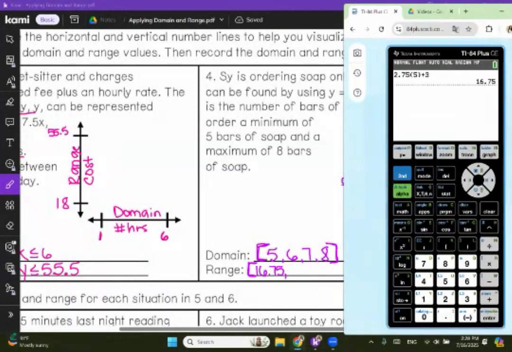Let's say he decides he wants to order 6. I'm going to copy paste, save some time here. Then he can order 7, or he can order 8.